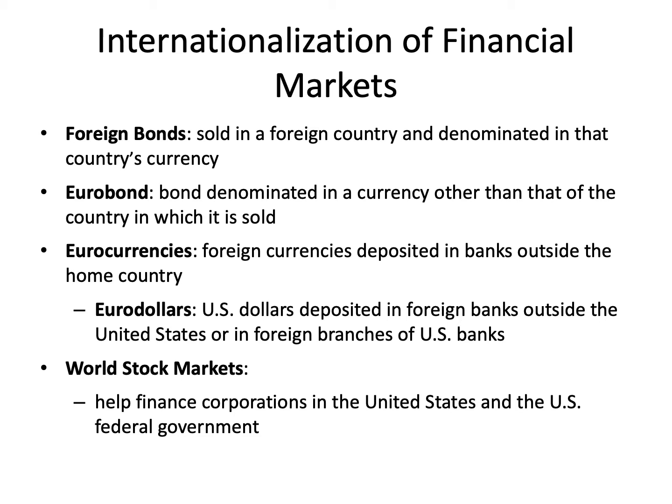Eurodollars are US dollars deposited in foreign banks outside the United States or in foreign branches of US banks. And then, of course, American corporations and other corporations can have access to world stock markets, which help finance corporations in the United States and also do help fund the US federal government through holdings of US government securities.